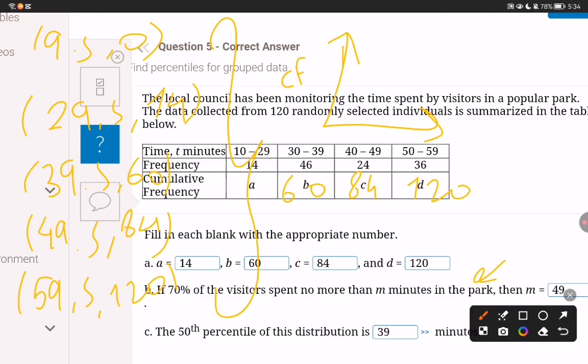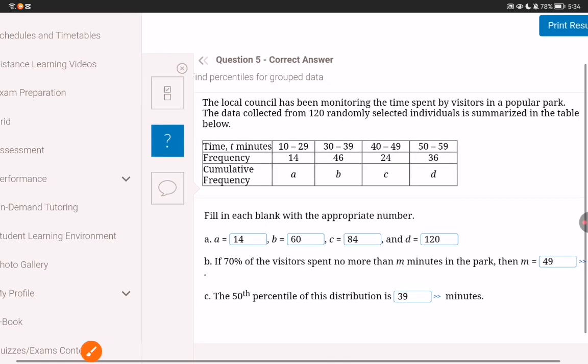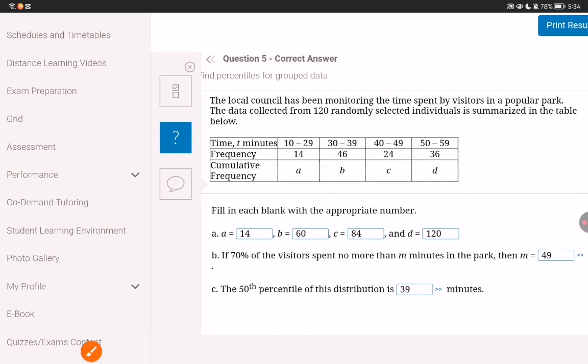So you're gonna look at 84 over here, and then you're gonna go to your curve and find the x, and that should be equal to m. And then 50% of 120 is 60, so you're gonna go to 60, and then you're gonna go to the curve, find your x, and it should be here as well. Okay? And then that's it for section 1.4.